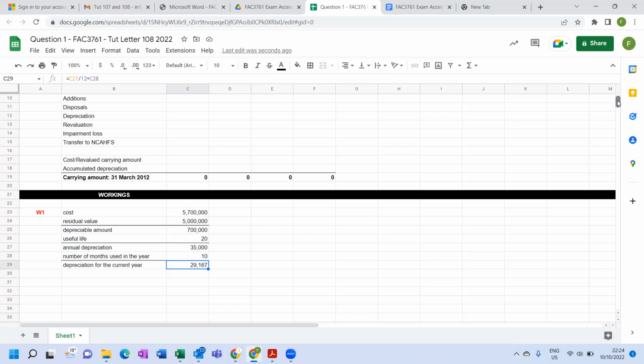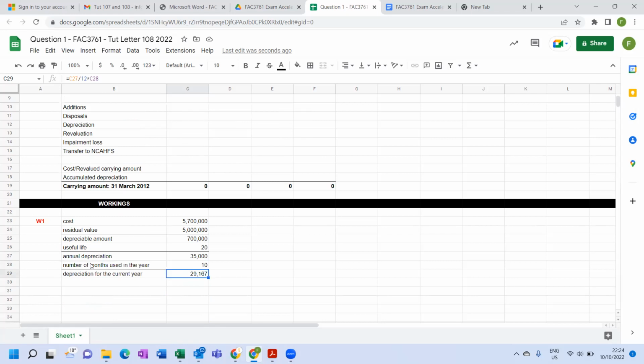Next, I want to work out accumulated depreciation. I will have 1 October 2008 to 31 March 2009, which is 6 months, and then 1 April 2009 to 31 March 2011, which is 2 years.